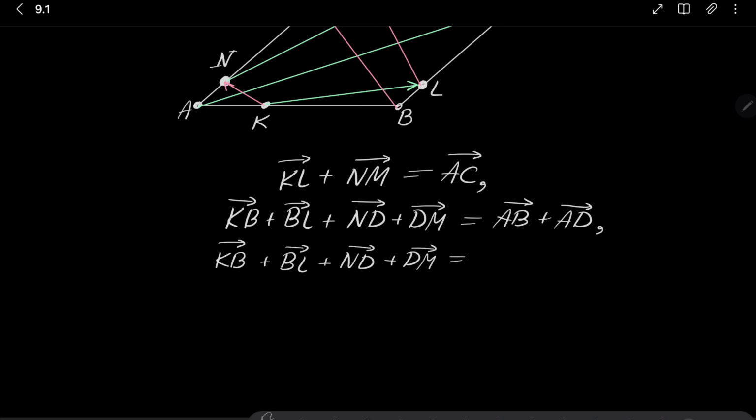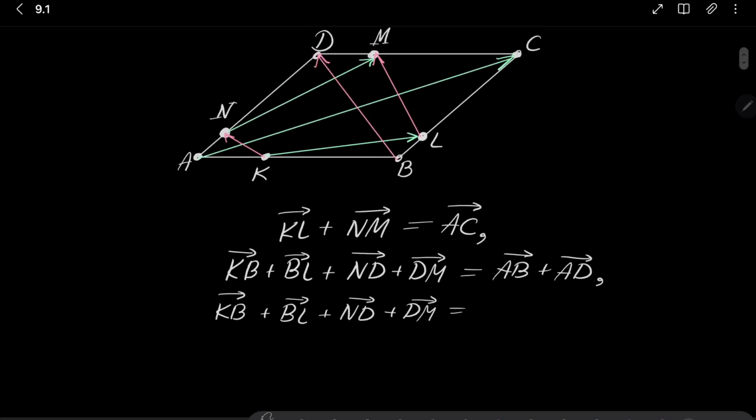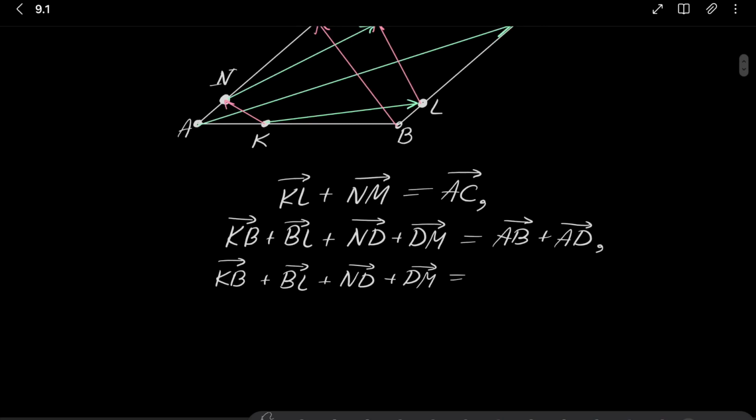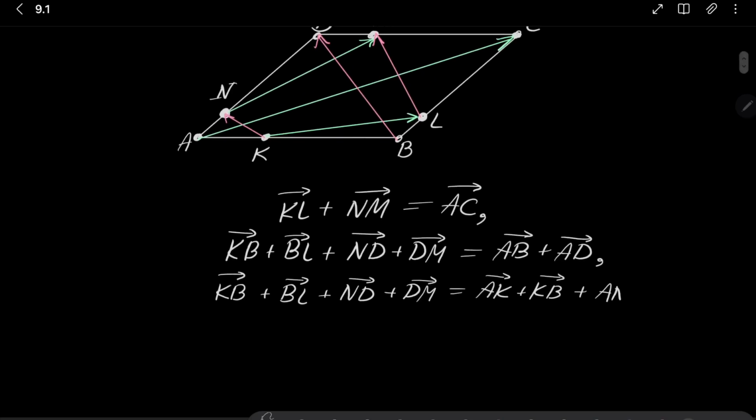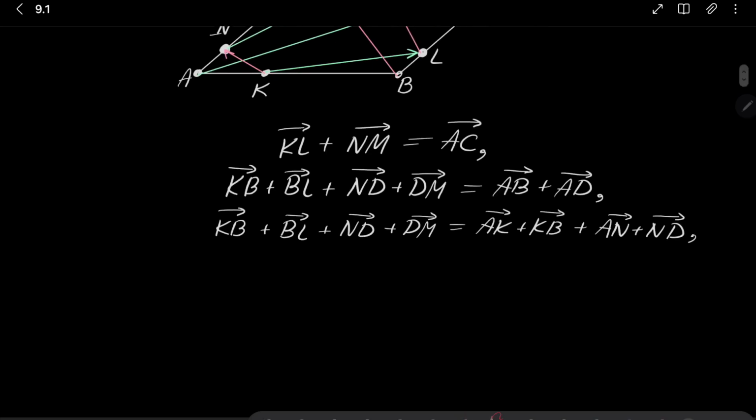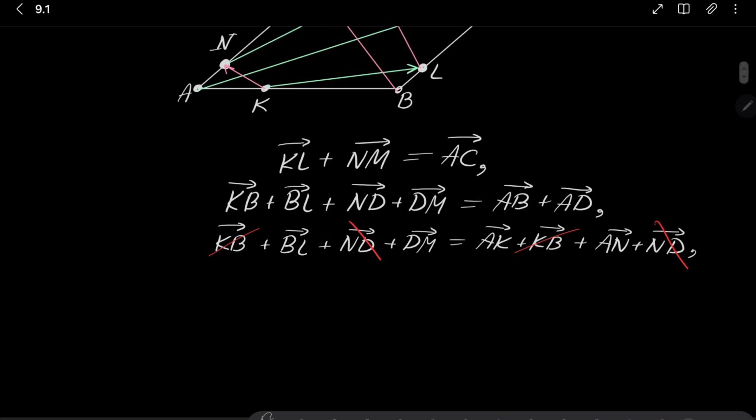Alright, so let's leave the left-hand side as it is for now. And on the right-hand side we have AB. But notice that AB can be written as AK plus KB. And what about AD? AD can be written as AN plus ND. And now we have some cancellations, namely KB disappears, ND disappears, and now, crucially, I will write it in the following way.